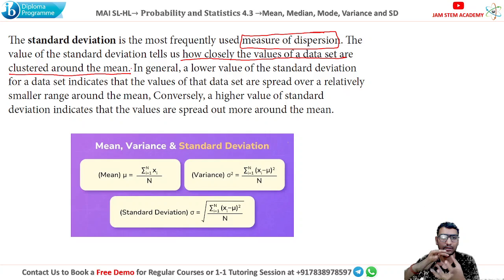If the standard deviation is a very large value, there is a very big difference between the data set points. If the standard deviation is very small, it means the data points are very close to each other.